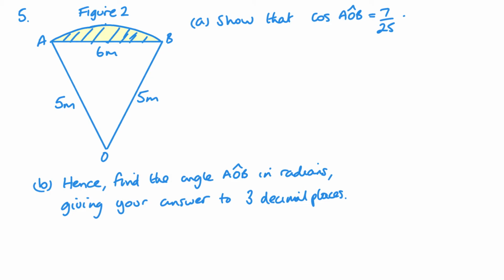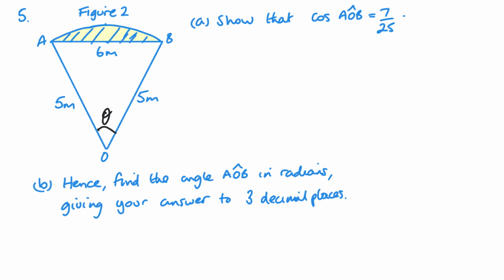marks in total. So part A says show that cos AOB equals 7 over 25. So AOB is this angle here. I'm just going to call it theta. And if I think back now, I've got a triangle here where I know 3 sides and I want to find an angle.